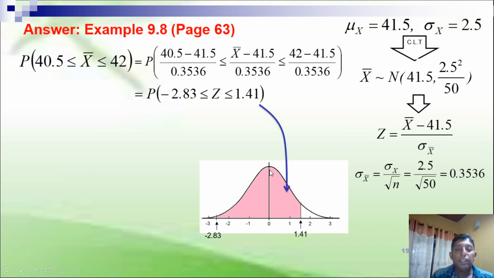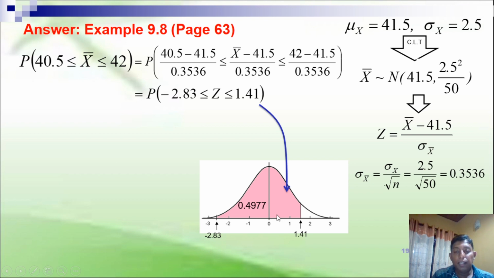Then using the standard normal table, we can find the corresponding probabilities. To get the probability from minus 2.83 to 0, according to the symmetrical behavior, just read the z value from the table. Z value equals 2.83 from the table, that is equal to 0.4977.